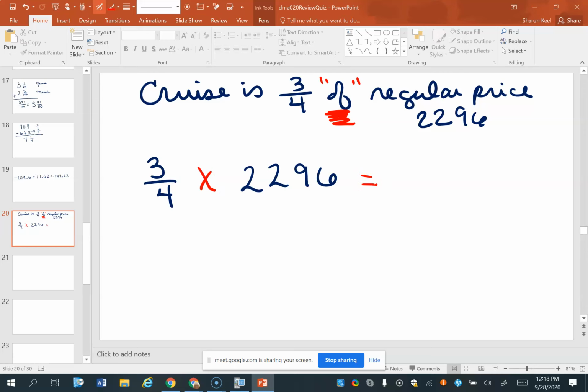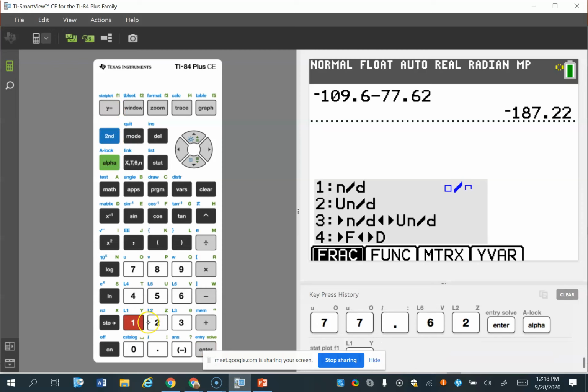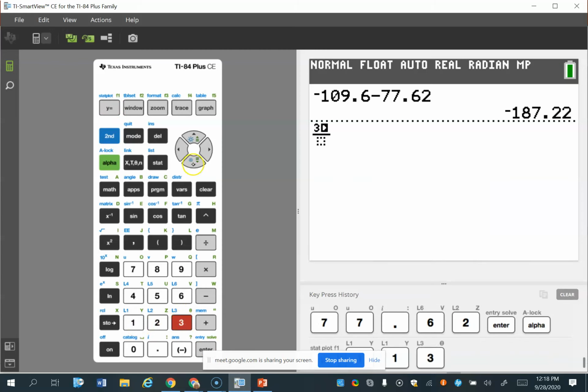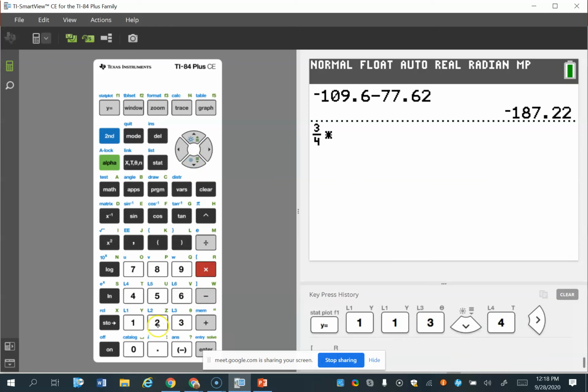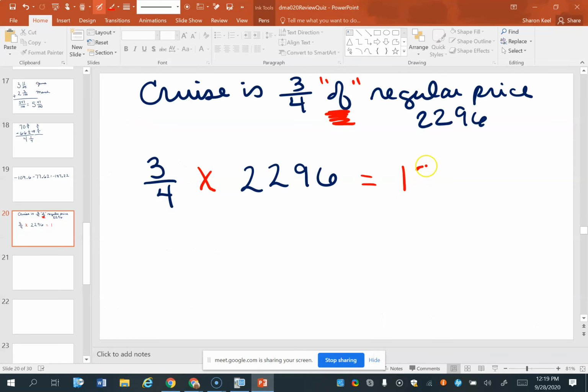Like when we looked in DMA 10, even at problem solving, the word of means you're going to do a multiplication. So if it's 3/4 of the regular price, we are going to multiply 3/4 times the 2296. So the sale price is going to be less than that amount. So it's $1,722.